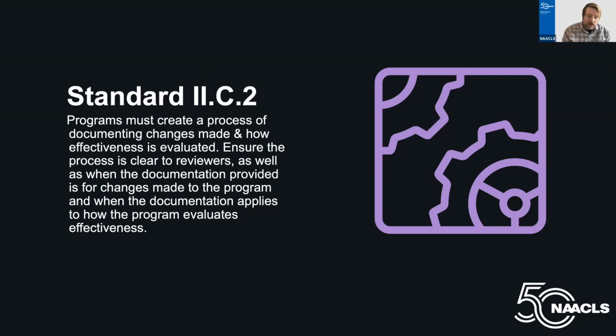Yeah, one recommendation we often make, not just for standard 2 but other aspects, whether it's a self-study or site visit, is that NAACLS makes our review forms readily available on the website.